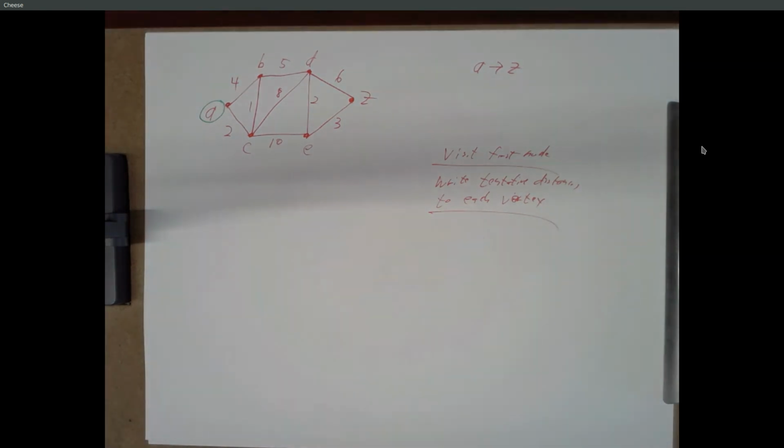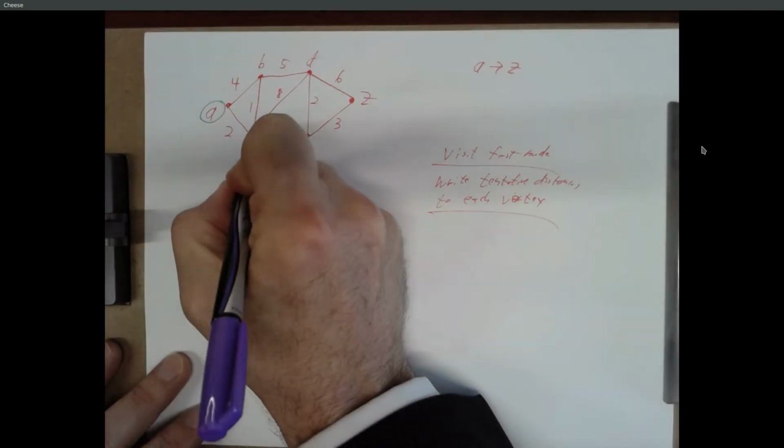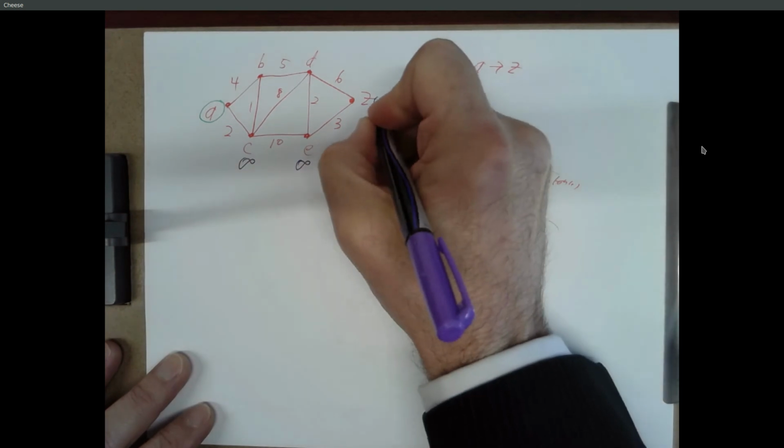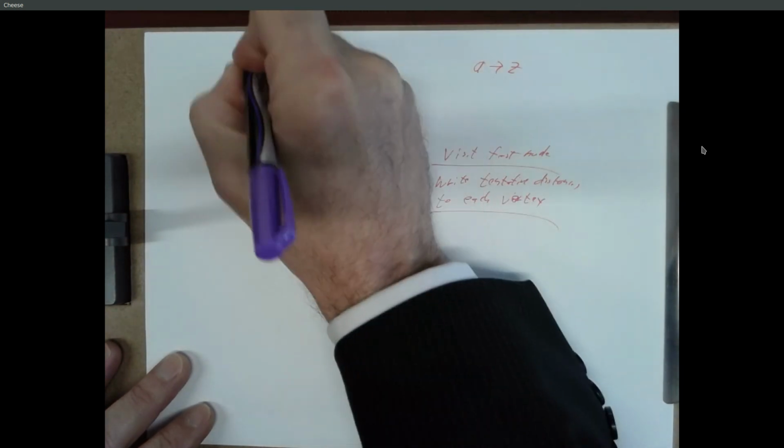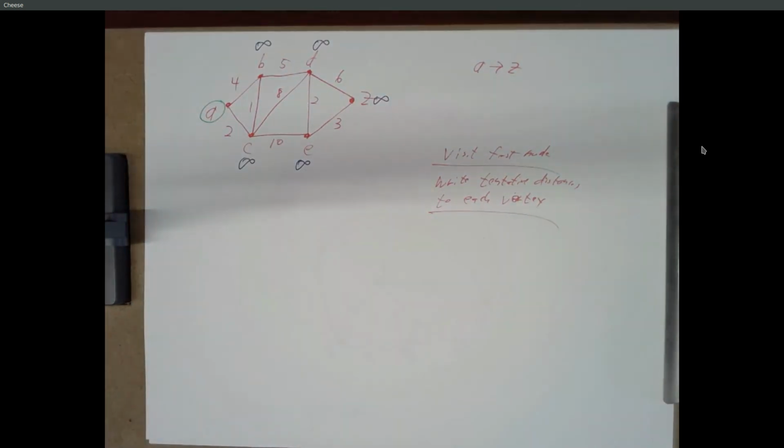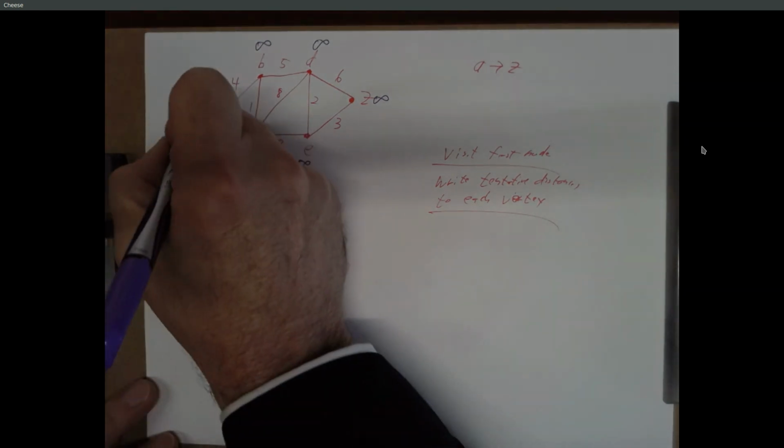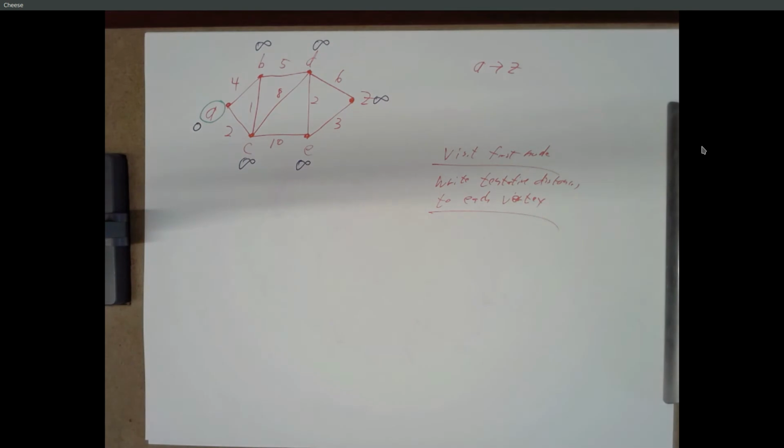So what's a tentative distance? It means, with what we know right now, which is nothing, what's the best possible case that we can say will suffice to get us to any vertex? For now, that's a purple infinity. So we're going to put infinity next to each vertex. But for node A, we know we can get there in a distance of 0 because that's where we're starting from.